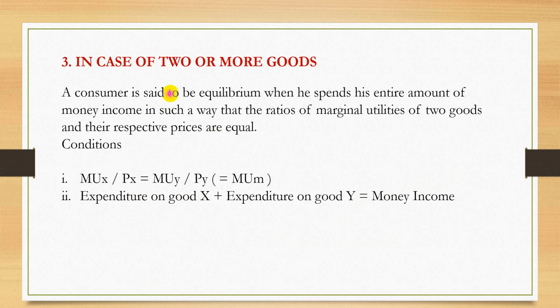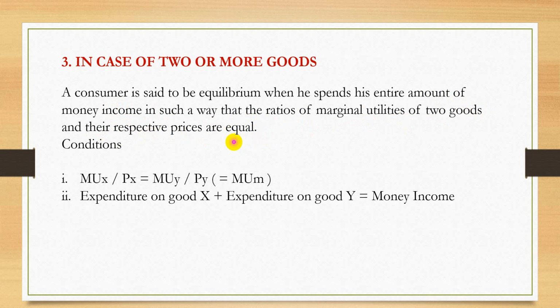Now in case of 2 or more goods, a consumer is said to be in equilibrium when he spends his entire amount of money, income, in such a way that the ratios of marginal utilities of 2 goods and their respective prices are equal.